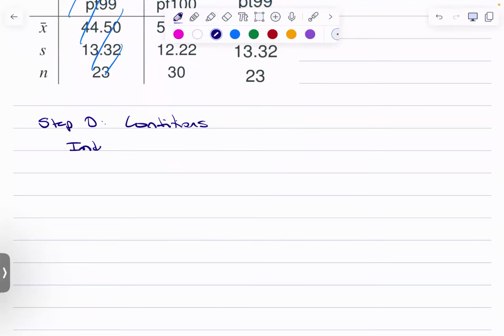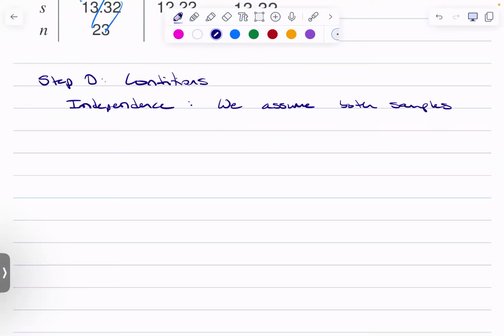We have the independence condition still. I have to make sure, or I have to argue rather, that my observations within each group are independent of each other. Okay? So we assume both samples were randomly sampled. Reasonable? Okay? We assume both samples were randomly sampled.